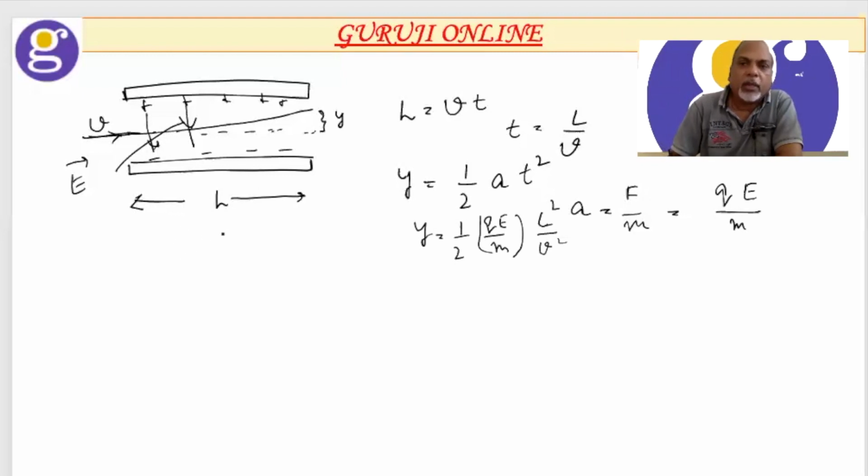Now you are adjusting the magnetic field such that it is equal to the force it has experienced due to the electric field. That means Q into E, the force experienced due to electric field, must be equal to Q V B, because your B direction is inside the plane of the paper.